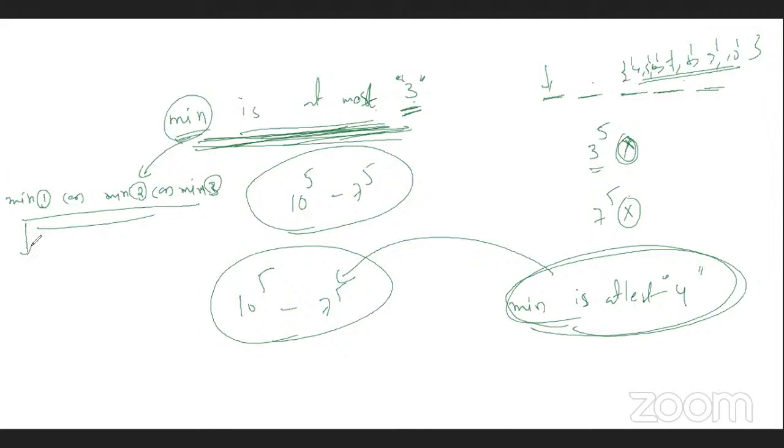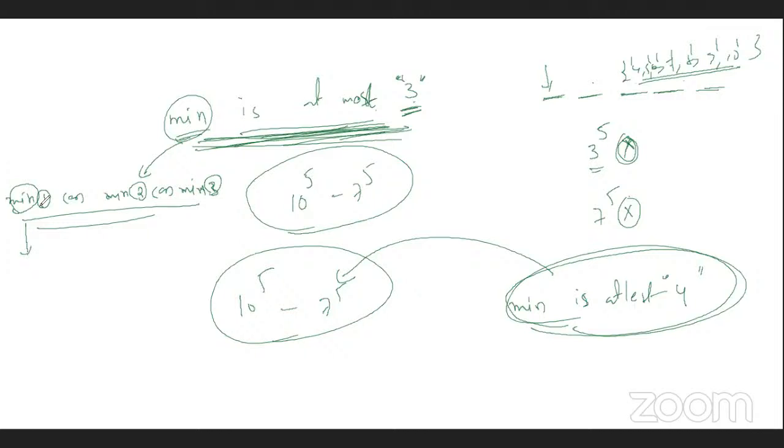Our event of getting minimum number at most 3 can happen in 3 possibilities. One is the minimum number is 1, or another possibility is the minimum number is 2, or another is the minimum number is 3. Here minimum means the minimum number in all the 5 draws. Is it right?